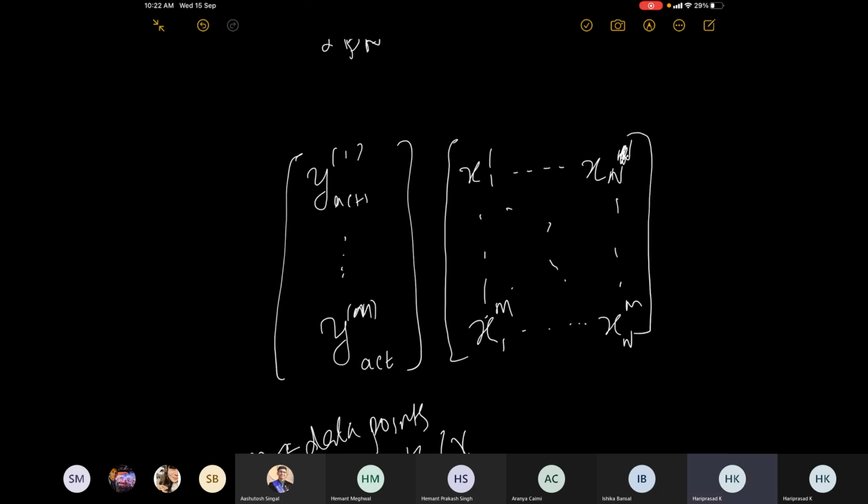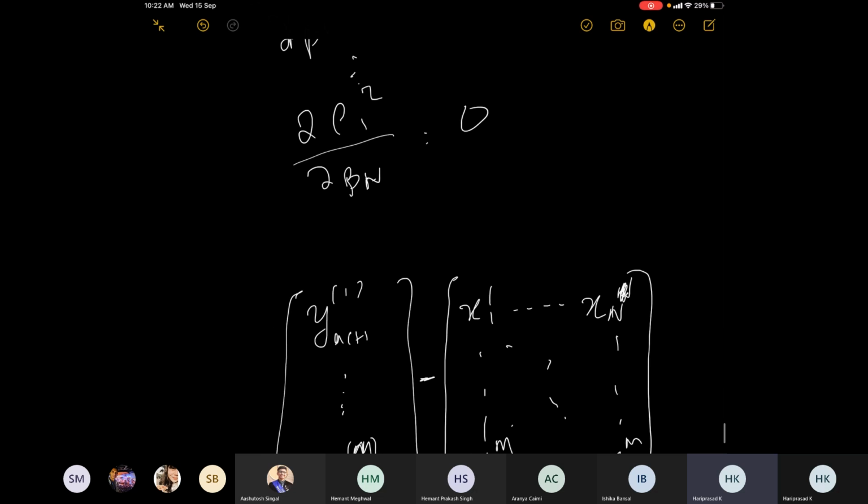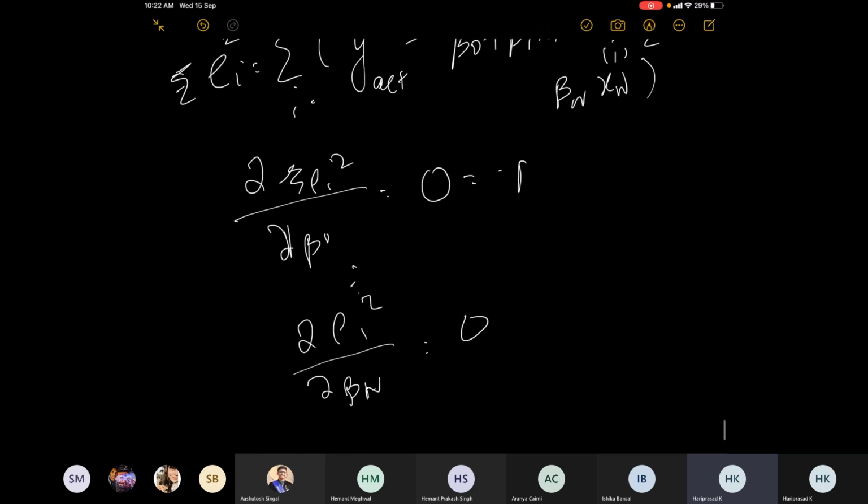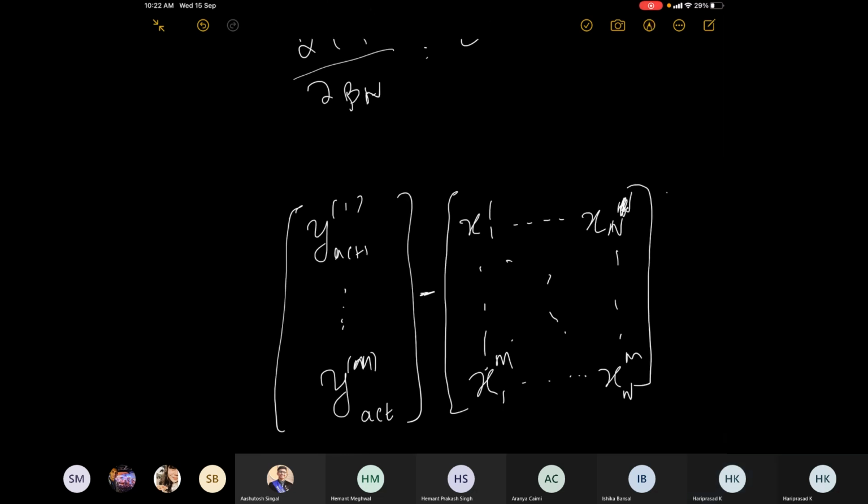You cannot multiply this just like that. What you really need is y minus, and what we now require is beta 1 to beta n, assuming that beta naught equals 0 for simplicity.